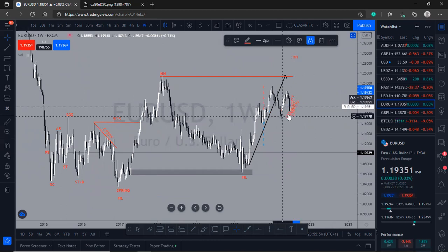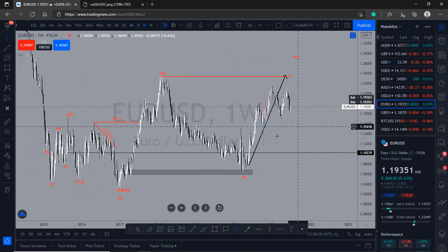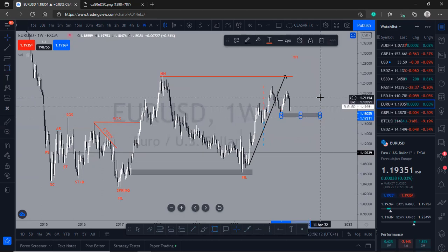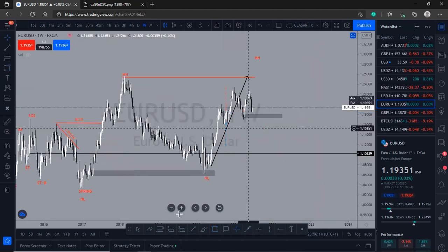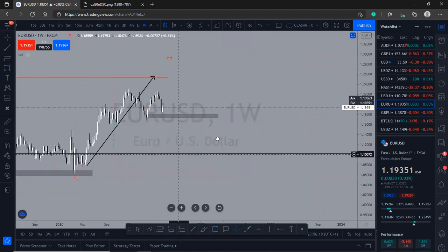Let's see what is happening here. Let me try to get rid of this. You can see what happened here. There was this order block that I see here, according to weekly time frame. Try to zoom in.